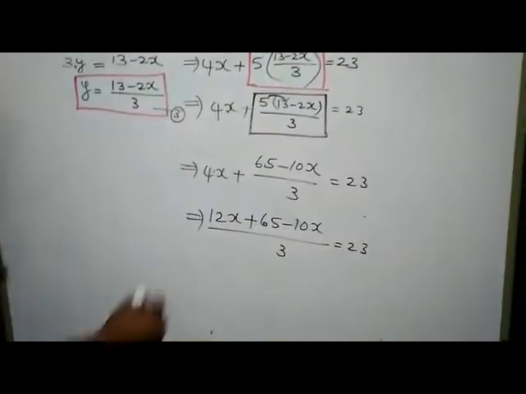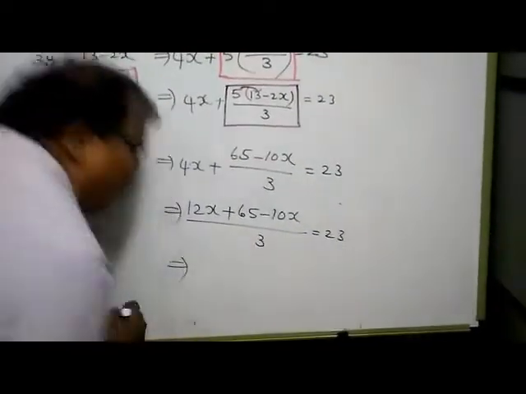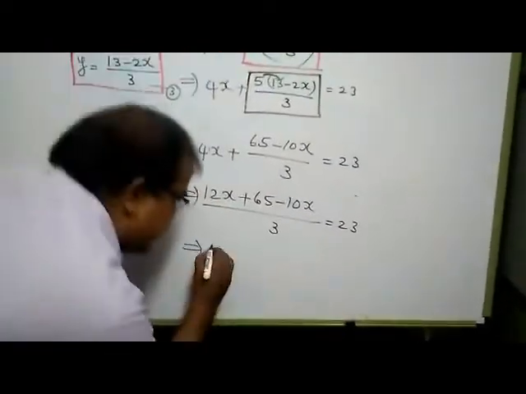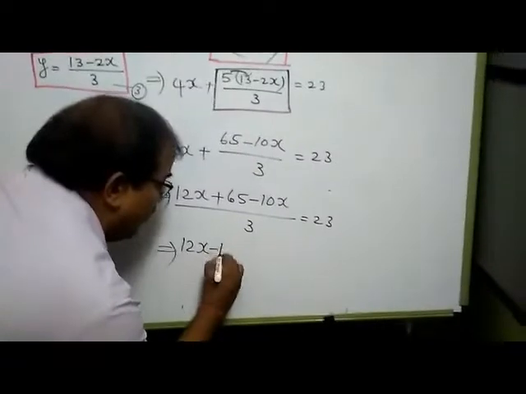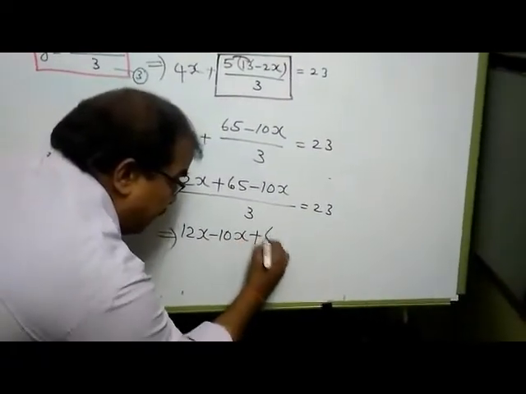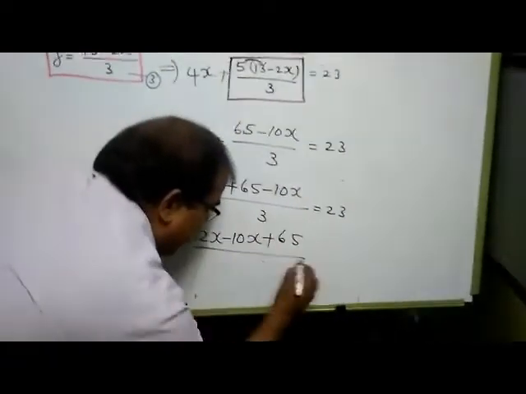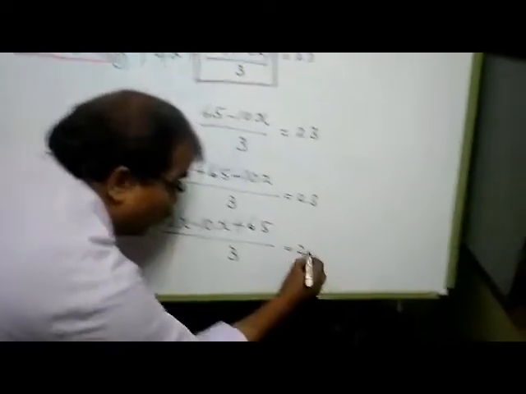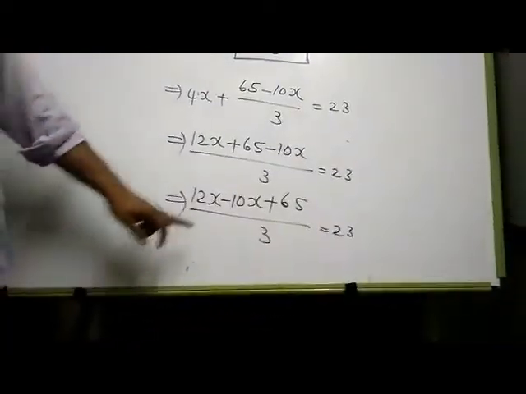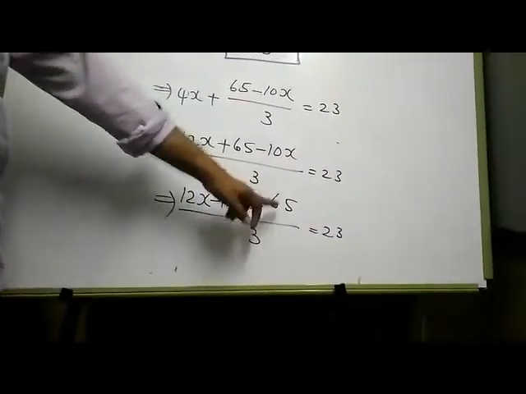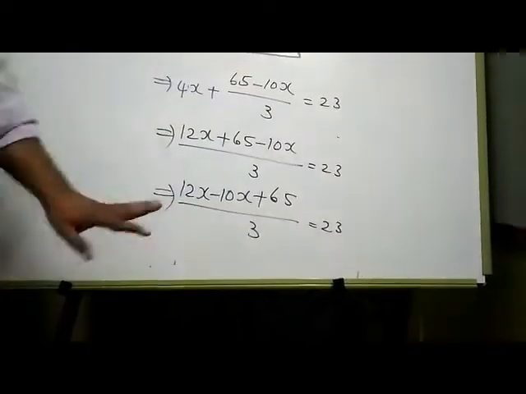Carefully do this step. That implies 12x minus 10x plus 65 by 3 is equal to 23.